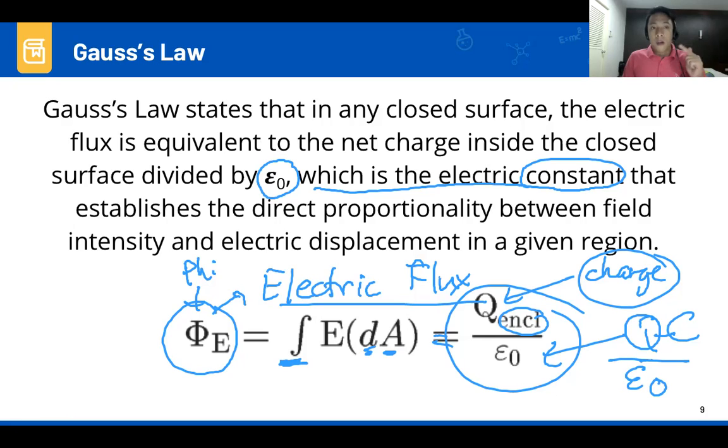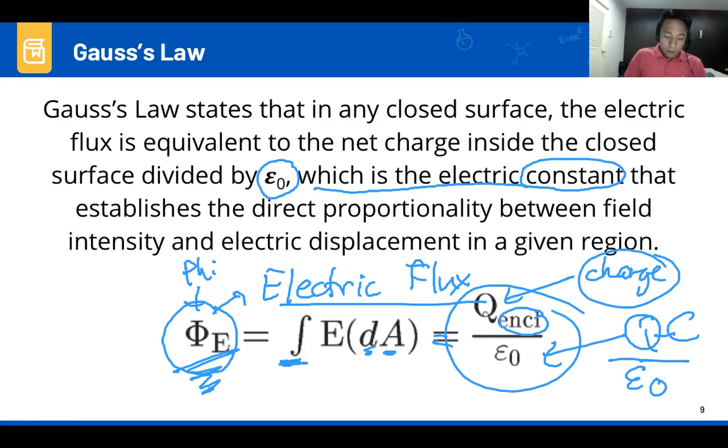Ito, baka malito kayo, baka sabihin niyo, sir, but ang sinasabi niyo is electric flux pa din, Gauss's law na tayo. Gauss's law is the name of the process, is the name of the general form. But we are finding only three main.